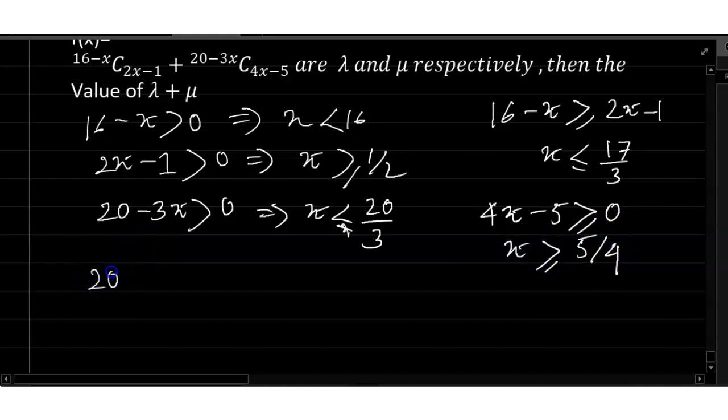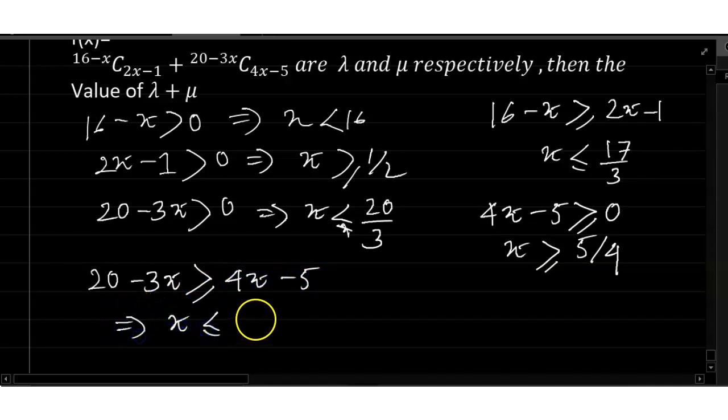And 20 minus 3x is greater than or equal to 4x minus 5. That implies x less than or equal to 25 by 7.